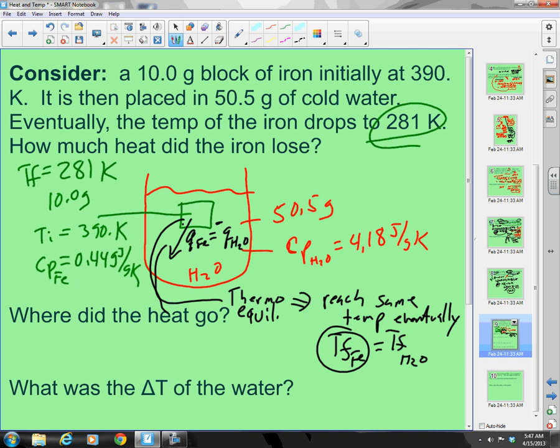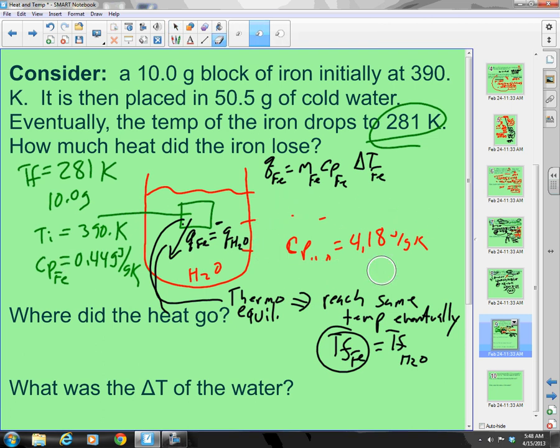All right? So first thing we want to know is, what does it say? How much heat did the iron lose? Okay? So Q_Fe is equal to m_Fe C_P,Fe delta T_Fe, right? Let me get rid of this stuff for a second. Good.